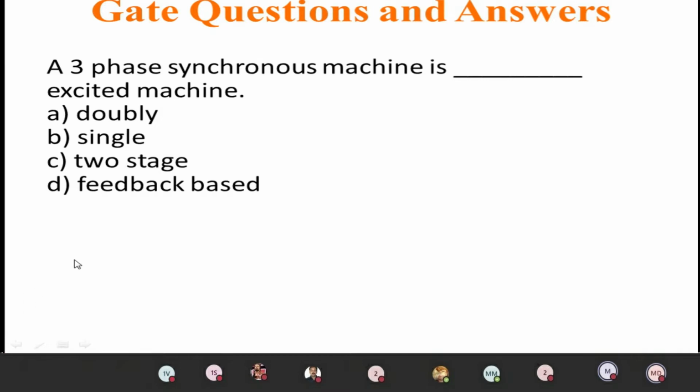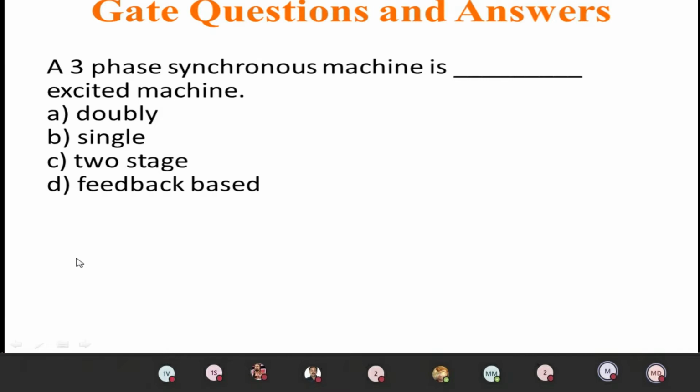Once the EMF is produced in the armature conductor, current flows through the armature conductor. In the load condition, the armature current flowing through the armature conductor also produces a magnetic field. That is also taken as excitation.